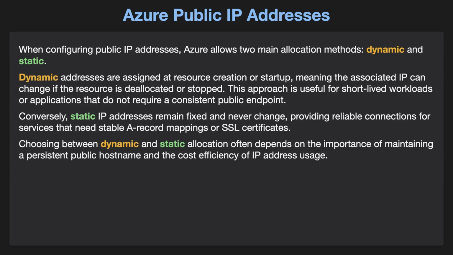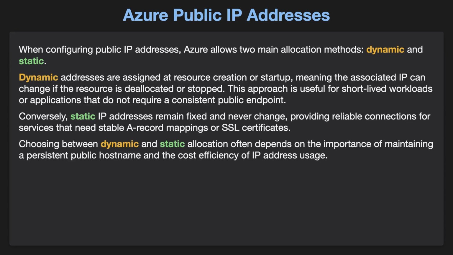When configuring public IP addresses, Azure allows two main allocation methods: dynamic and static. Dynamic addresses are assigned at resource creation or startup, meaning the associated IP can change if the resource is deallocated or stopped. This approach is useful for short-lived workloads or applications that do not require a consistent public endpoint.